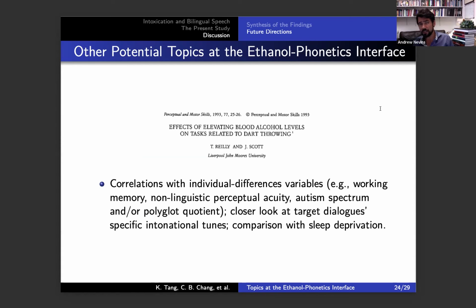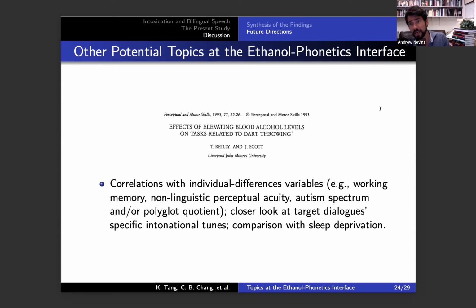Is it because many of us, when we speak a second language, have habits, we're stuck in what you might call local maxima? So we've got a very okay way of pronouncing that difficult vowel, and we manage to get it, but alcohol is just enough to throw us off and maybe get us out of our local maxima and onto a higher hill that has an even higher maximum. It's just the right amount of alcohol, enough to shake up this notion of a target, like a dart. And of course, we're talking about an acoustic and articulatory target, but the notion of motor control that plays a role in darts might be something that has interesting parallels in speech as well.